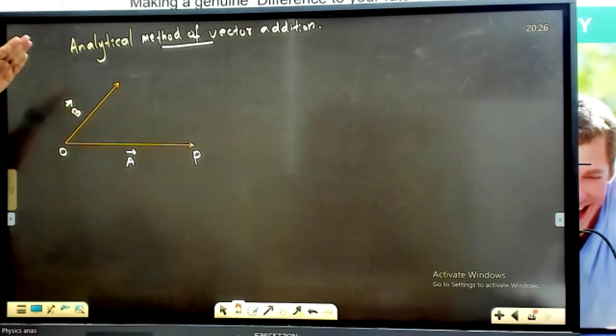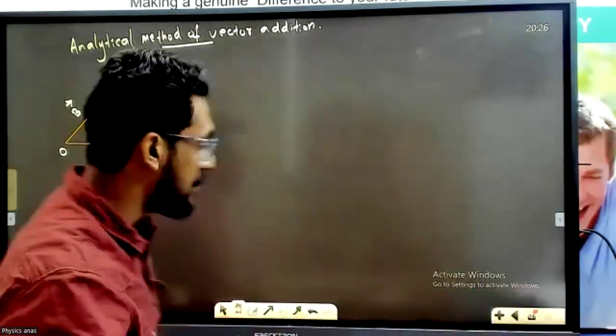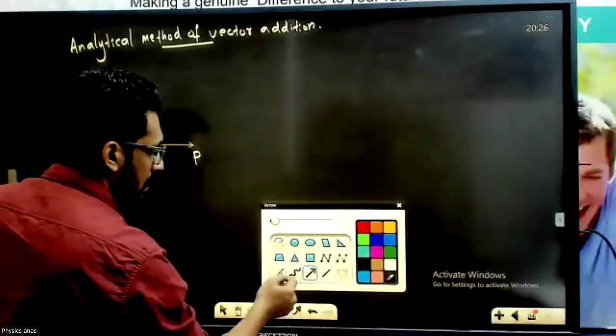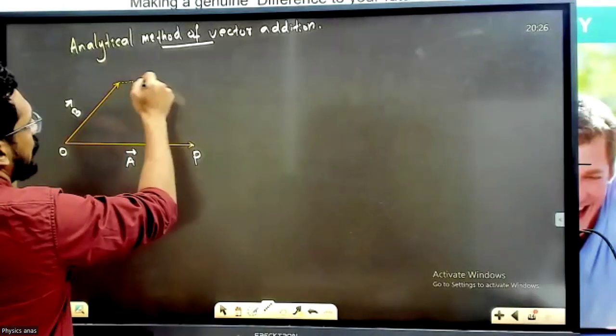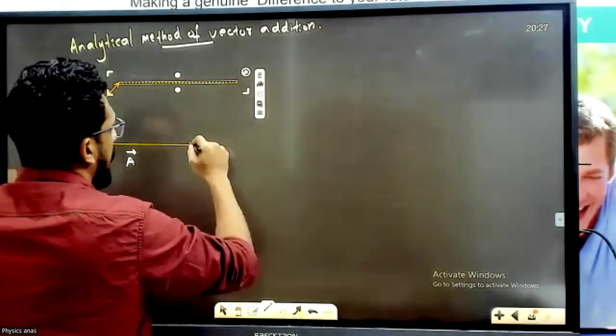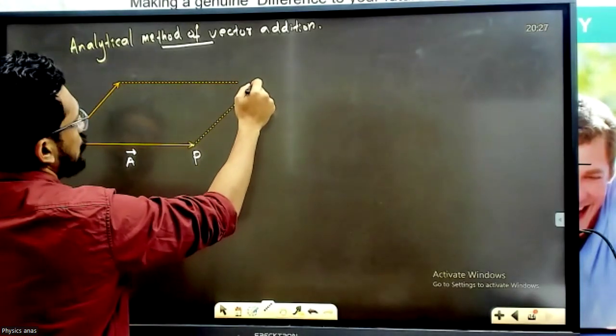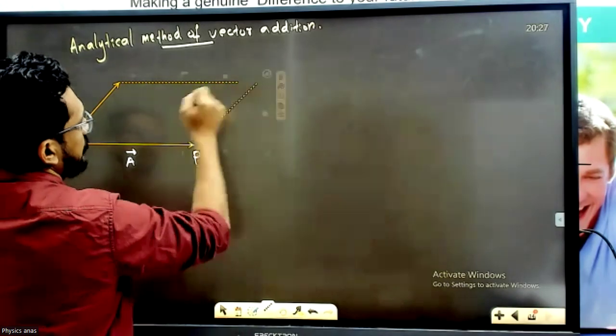Now these are two sides of a parallelogram. I can complete this parallelogram like this. If I draw a parallel line, it will be like this, and if I draw another line parallel to vector B, it will be like this.